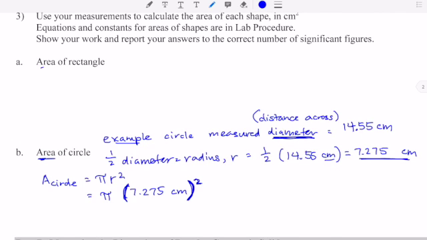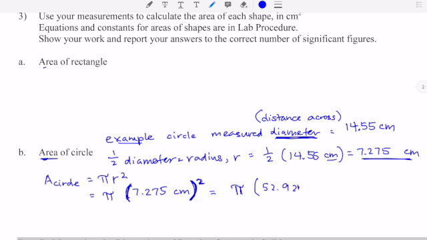So put this in the calculator: 7.275 times 7.275, and you will find that this, still with the pi, don't lose that, is 52.925625, and the units are centimeters squared, inside the parentheses, because we still need to multiply by pi.